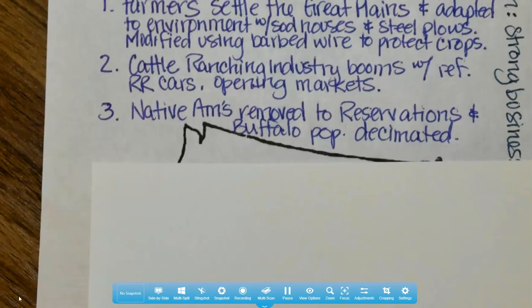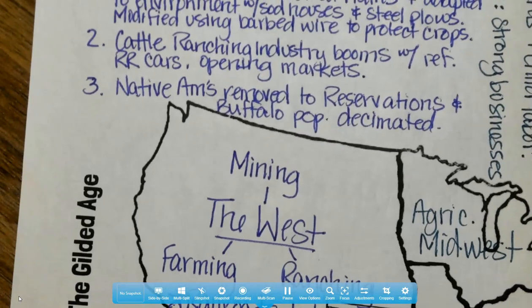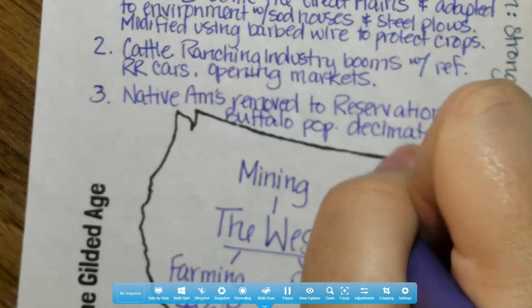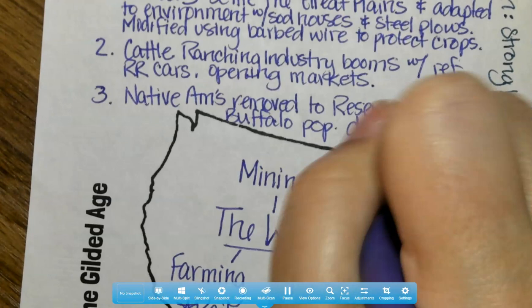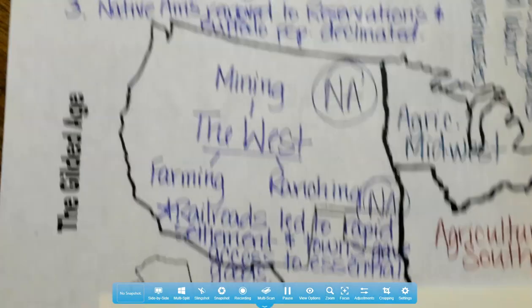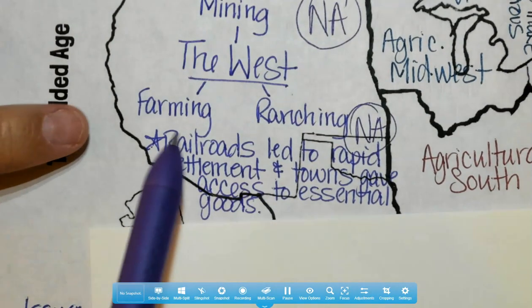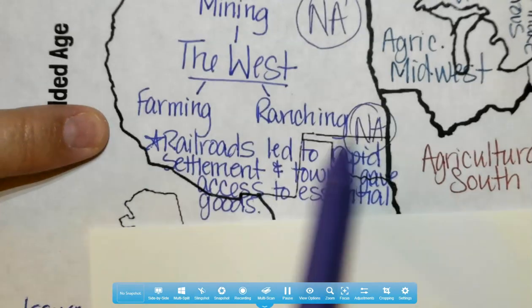So when we're talking about the Native Americans, I want you to write on your paper, up here is going to be Native Americans, and here are Native Americans. So you have that transcontinental railroad that's going here.